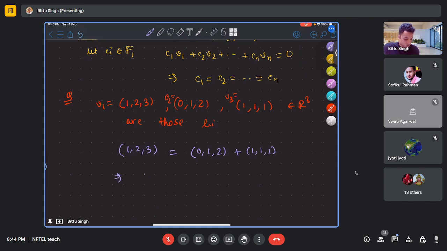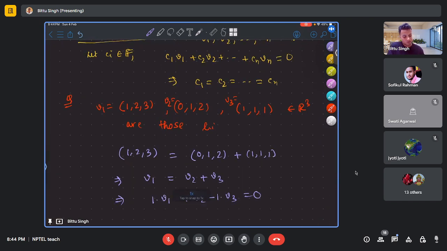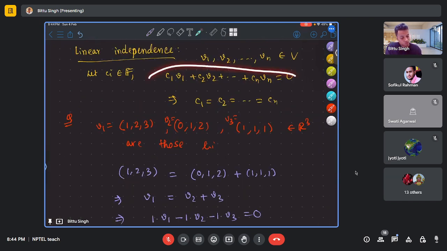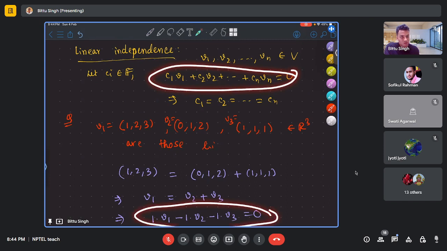That is, v1 is the sum of v2 plus v3, and this is the same as 1 dot v1 minus 1 dot v2 minus 1 dot v3 equal to 0. So there is a non-trivial linear combination such that the linear combination is 0, that is, though the linear combination is 0, the scalars are non-zero.